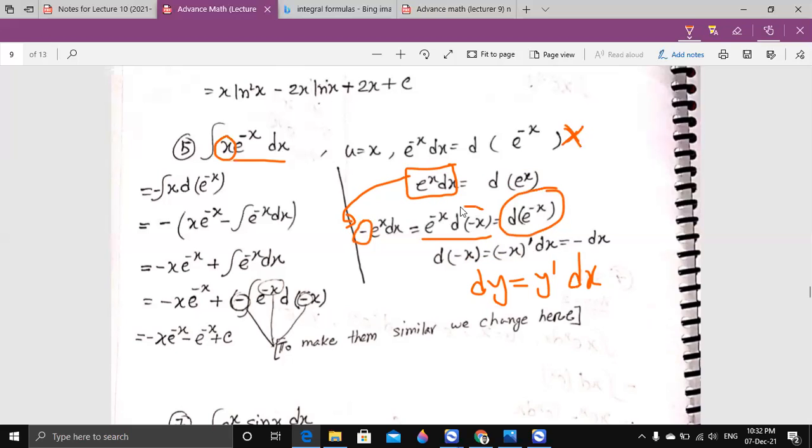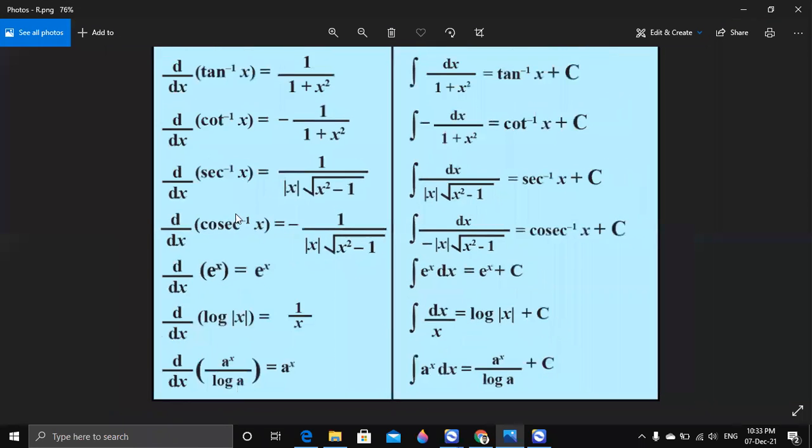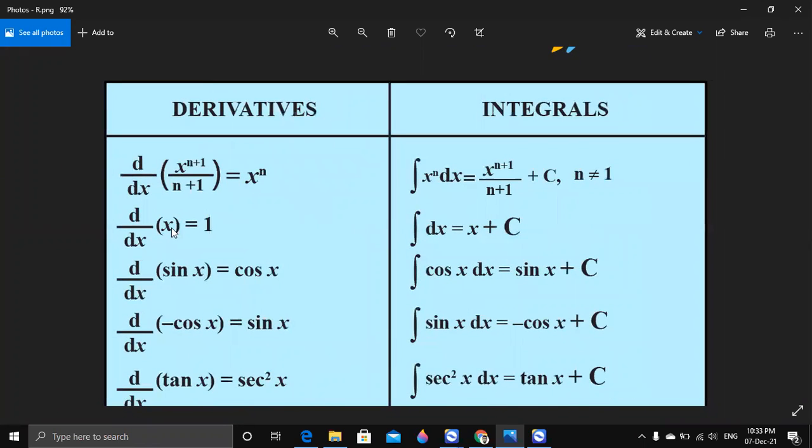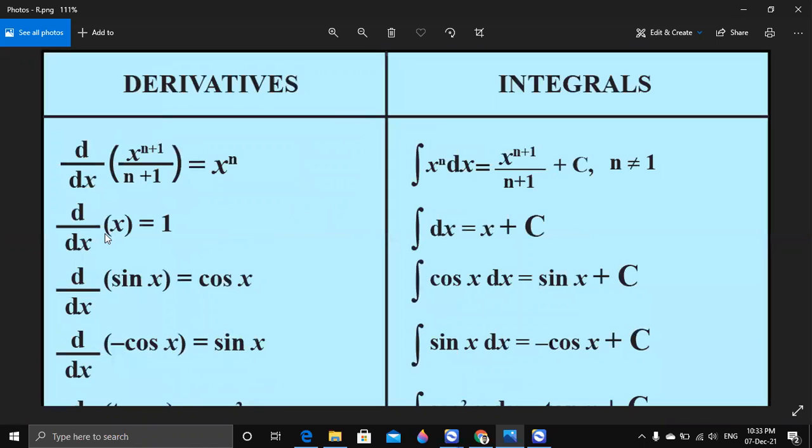And if you want to calculate the value d of minus x, also use this formula. So d of minus x will be the derivative of minus x times dx. The derivative of minus x is minus 1, from the first formula, d/dx of x is equal to 1.